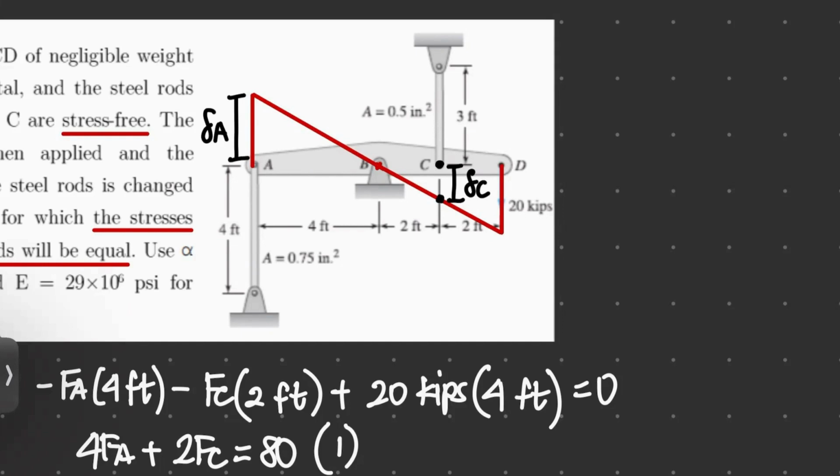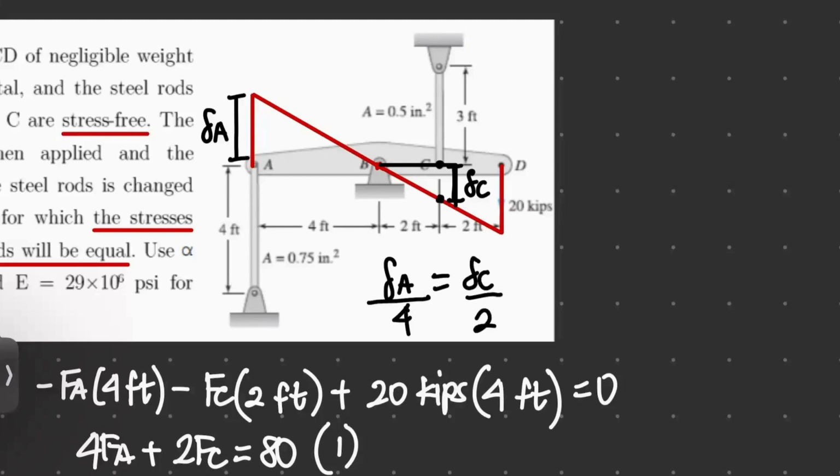So knowing this, we can form our compatibility equation using right triangles, or the concept of similar triangles, wherein, let me just turn this into somewhat a triangle. Deformation at A over 4 is equal to deformation at C over 2.